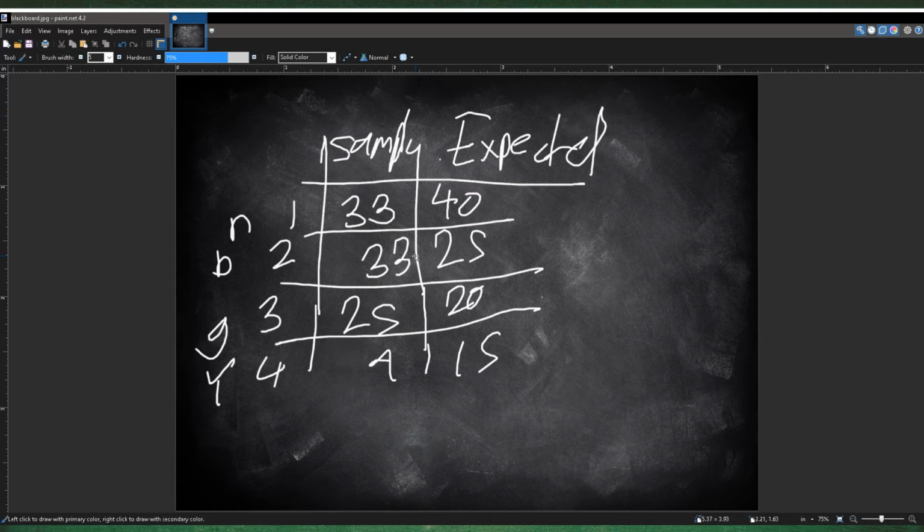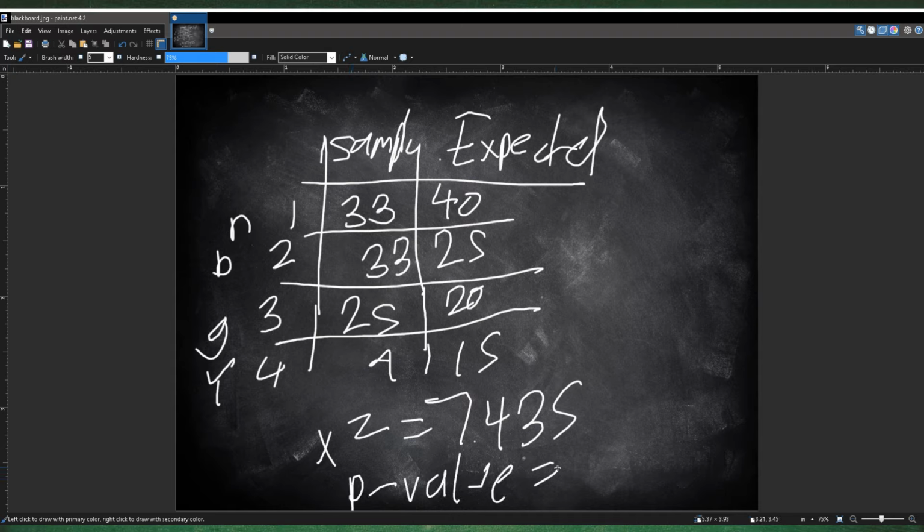And then you basically get the entire test based on your calculator. So you get an x squared value of 7.435, which was what we got, a p-value of 0.0593.